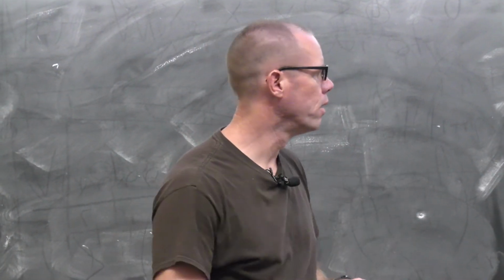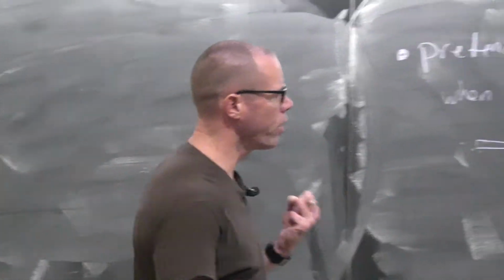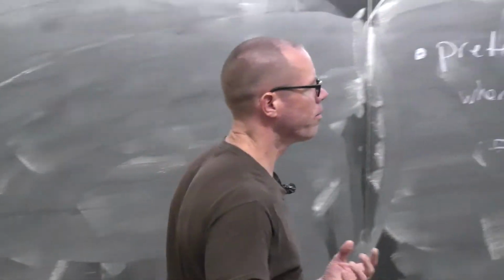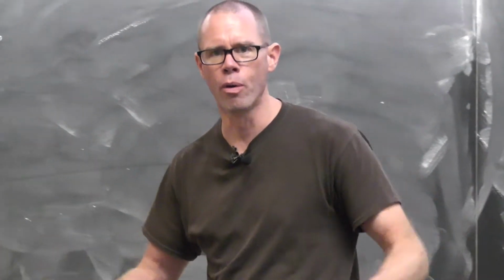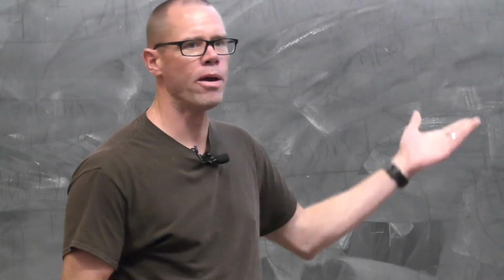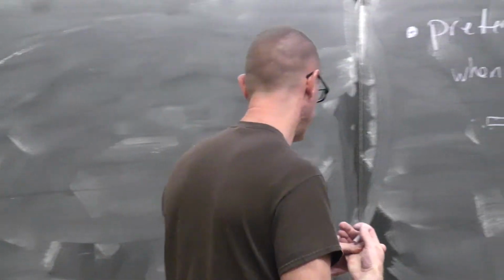Okay? So this is a common trick when you're designing data structures: imagine something that makes your life easier, design a data structure in a world where that thing exists, in this case, arrays that grow or shrink when we need them to, and then worry about how you implement that after. So that's what we're going to do here.